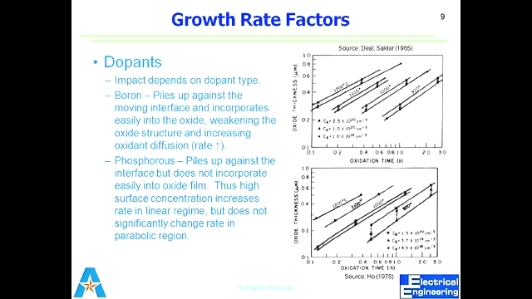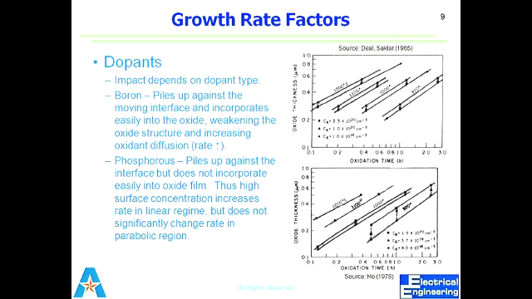The second factor is the dopant. When we have a dopant, whether it is boron or phosphorus or any other, the reaction rate increases. Why is it so? Do you know about the bridging and non-bridging oxygen in silicon dioxide?